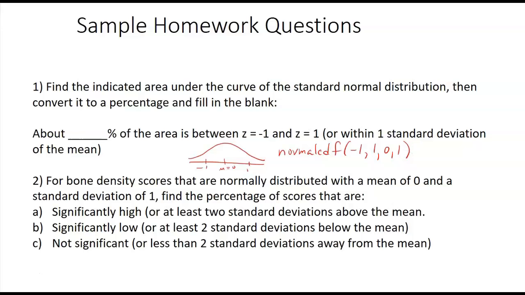So anytime you're asked to find percents or probability, you are going to do your normal CDF. If you're asked to find percentiles or any other score, those you're going to be doing your inverse norm.